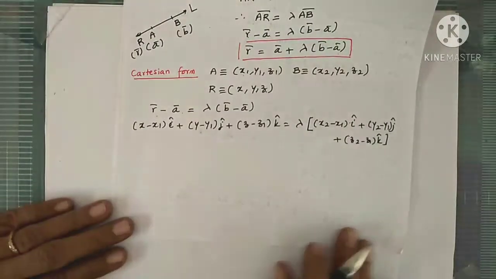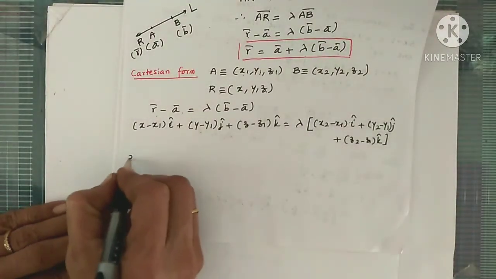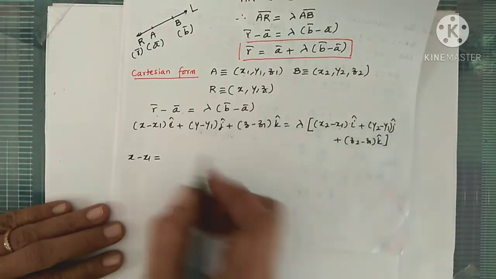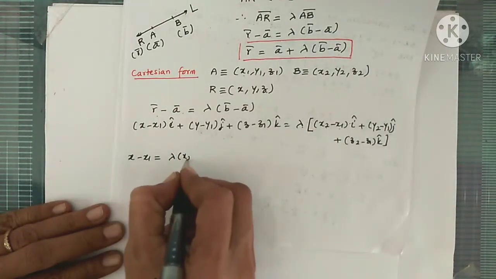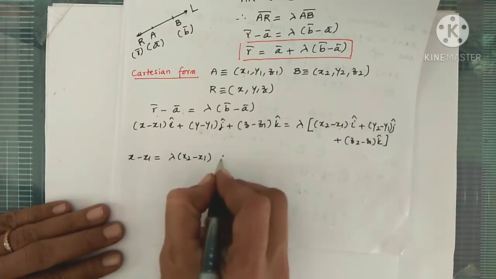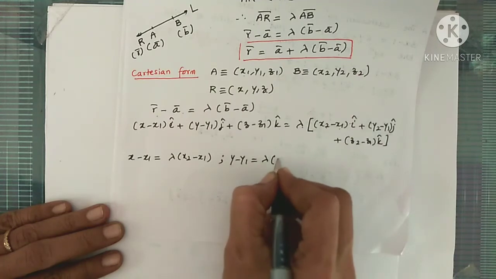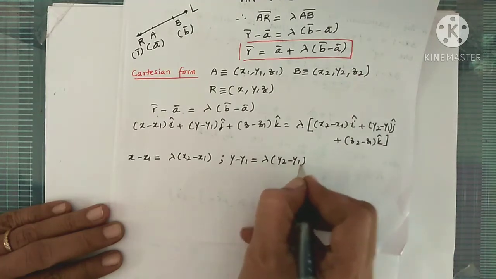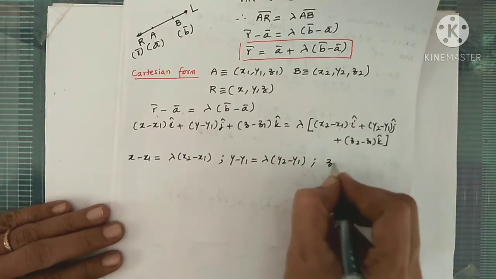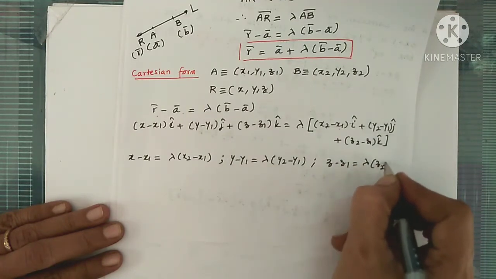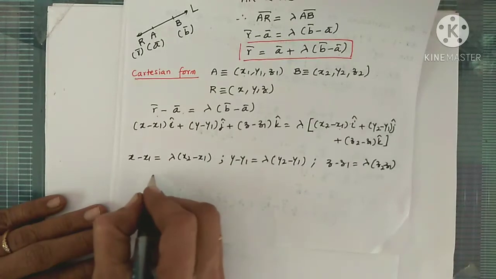So now equating the coefficients of i cap, we have x minus x1 equal to lambda into x2 minus x1. Similarly, for y coordinates, y minus y1 equal to lambda into y2 minus y1. z minus z1 equal to lambda into z2 minus z1.